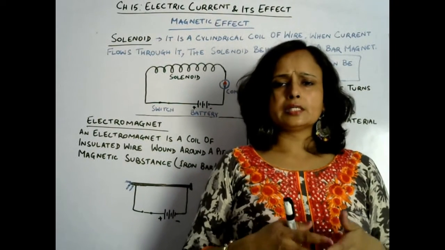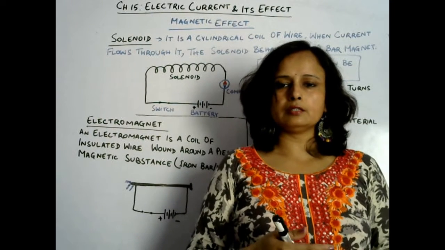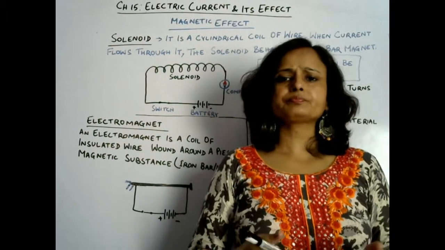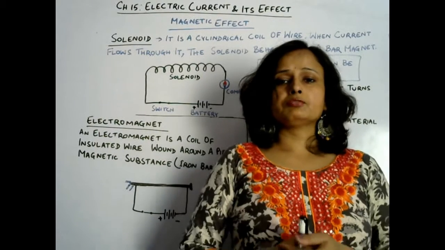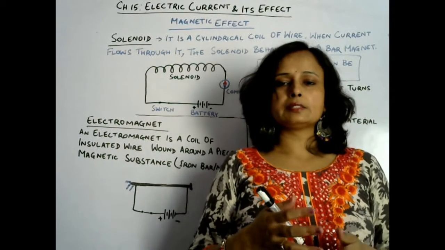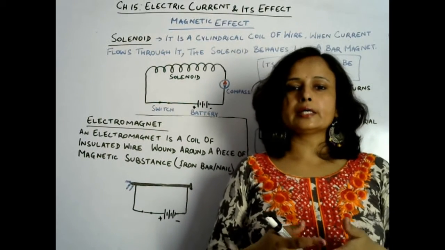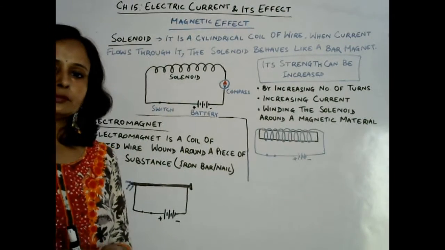So why is there a need for this coiling of wire, this cylindrical coil of wire? It is formed to increase the number of turns so that the maximum electricity can pass through it, and it will finally increase the strength of this solenoid.